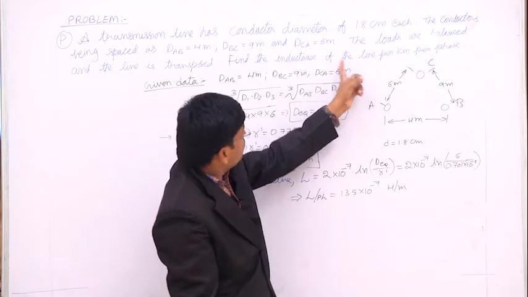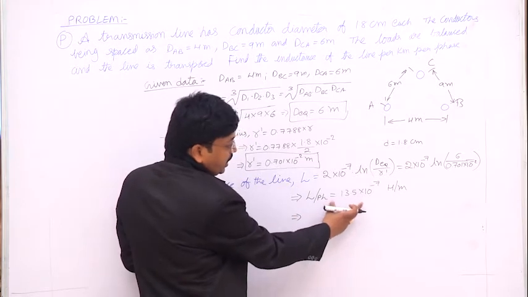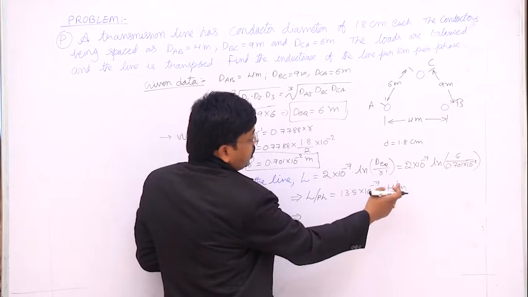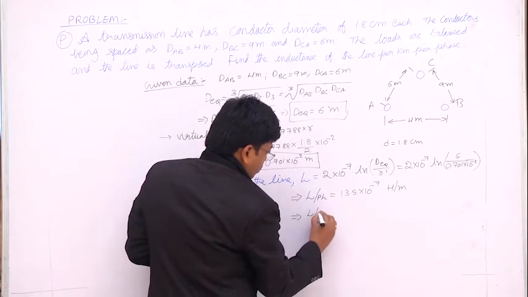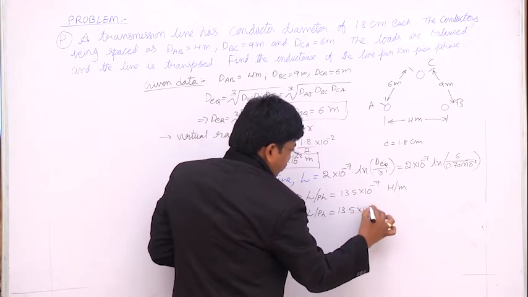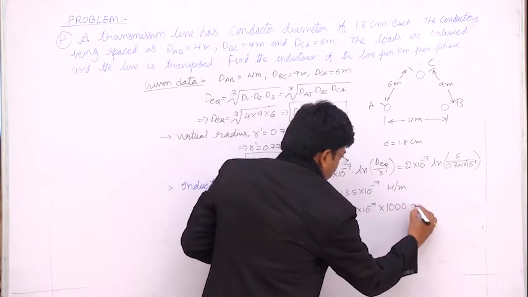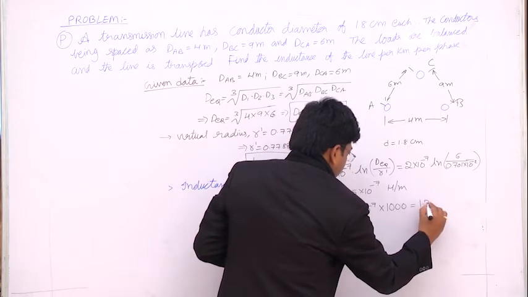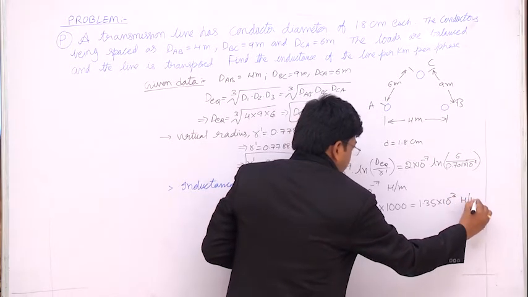But they are asking for inductance per kilometer. We obtained the per phase inductance value per meter, so we need to multiply by a factor of 1000 to get the per kilometer length. So inductance per phase is 13.5 into 10 power minus 7 into 1000, and the resultant value will be 1.35 into 10 power minus 3 Henry per kilometer.